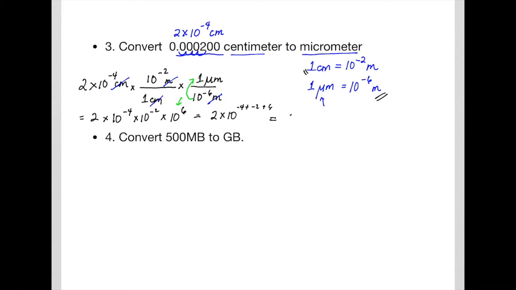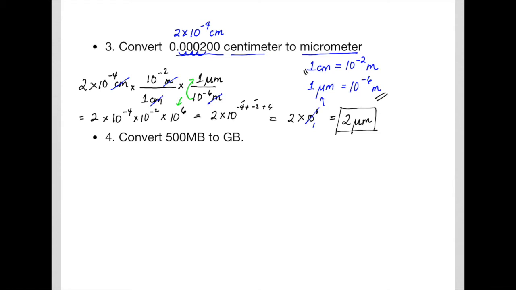That is negative 4 plus negative 2, that is negative 6 plus 6, that is 0. And what is that? 2 times 10 raised to 0, any number raised to 0 is 1. So therefore, we have 2 times 1, that is 2. And therefore, our final answer is 2 micrometer.